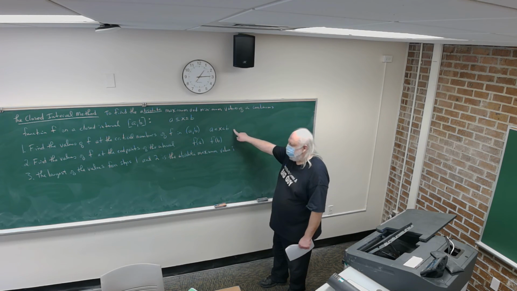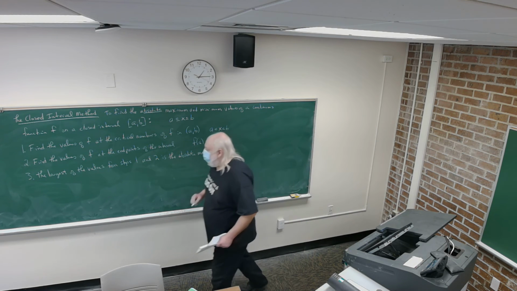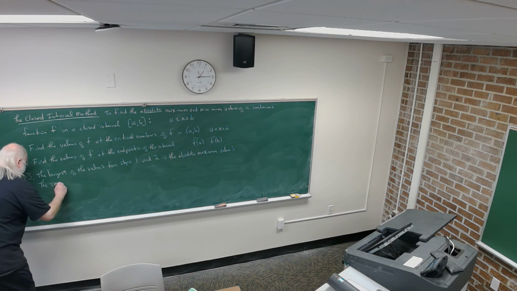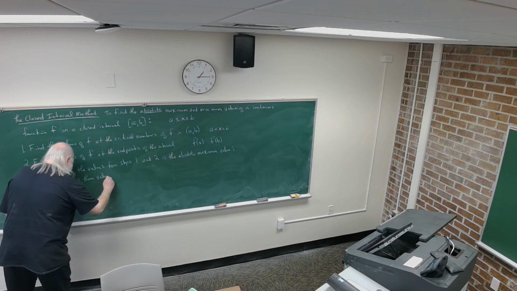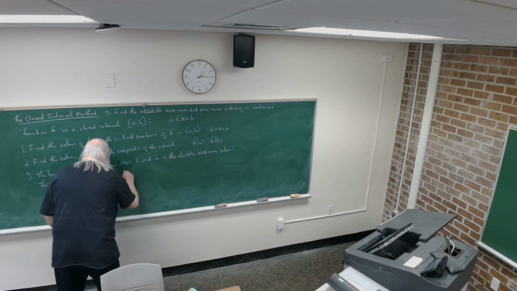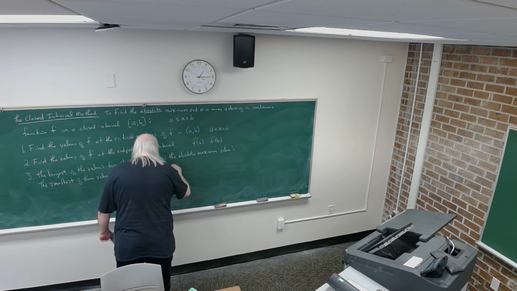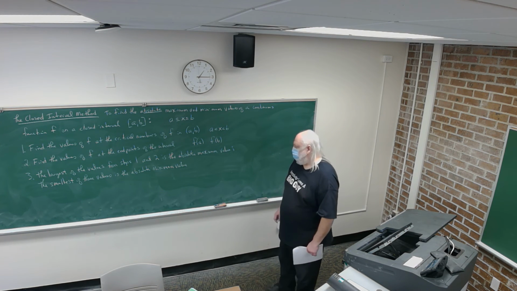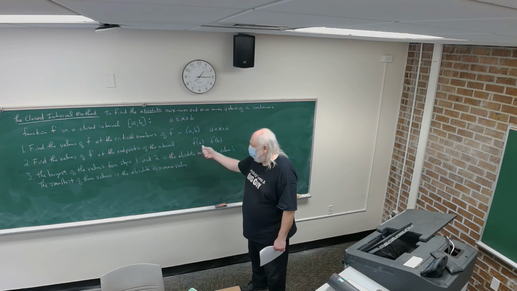The smallest of these values is the absolute minimum value. So we calculate the value of the function at each of the critical numbers, and at the left endpoint and the right endpoint.